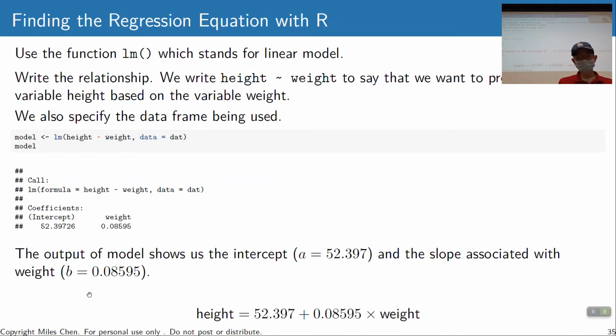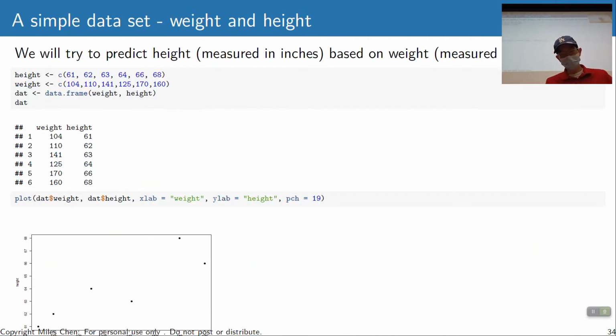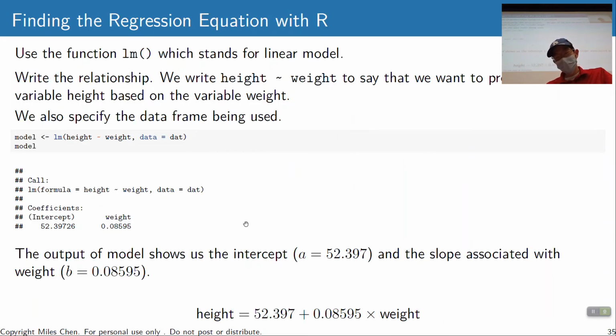The question is, how do I find the line that's going to fit? How do I find the slope and the intercept? If you're using the computer, this can be done very quickly.